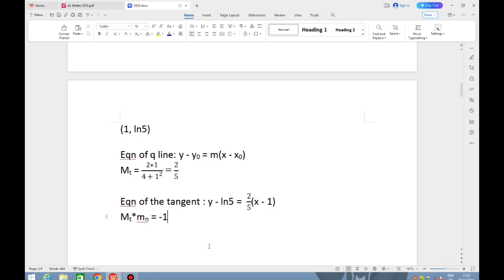The equation of the line still remains the same, so we simply need to find the gradient of the normal and substitute it in this equation. From this, the gradient of the normal, mn, is simply equal to -1 on the gradient of the tangent, mt. So that's -1 on 2 on 5, which is going to give us -5 on 2.